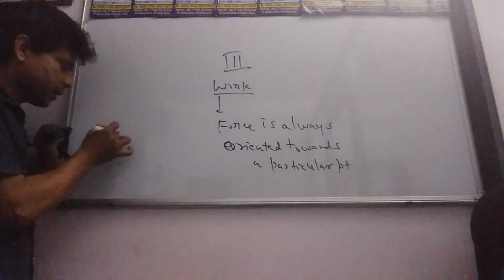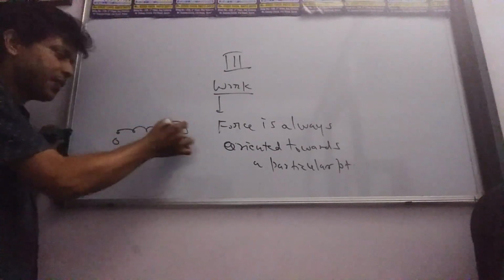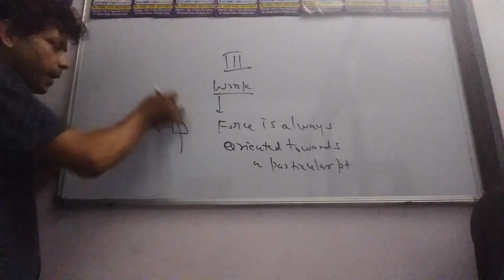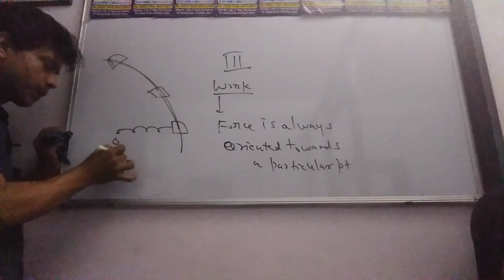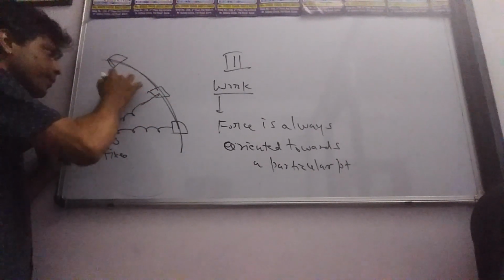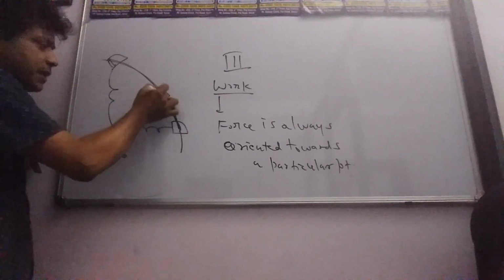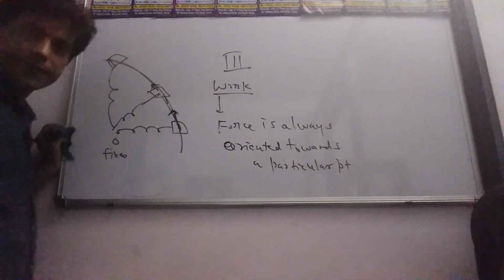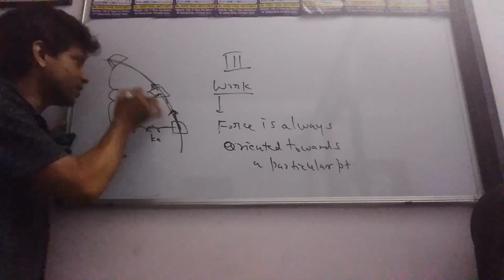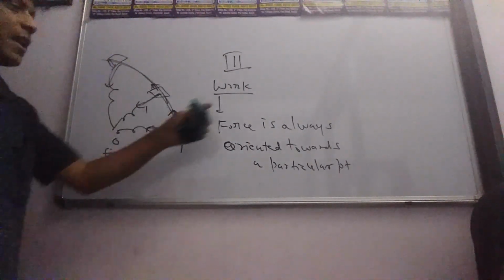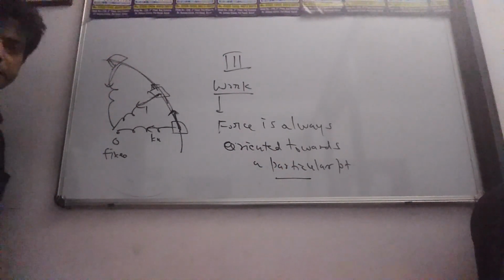See, suppose this is a point here and a spring is connected with it, and this is the block here, and the movement of the block is like that. This is fixed. We are observing that the movement of the block is in this direction along the circular arc, but kx is acting in this direction. So what is our case here? Force is always directed towards a particular point, right?